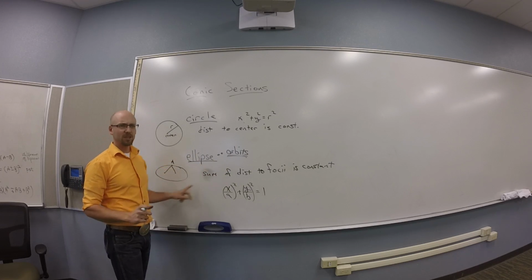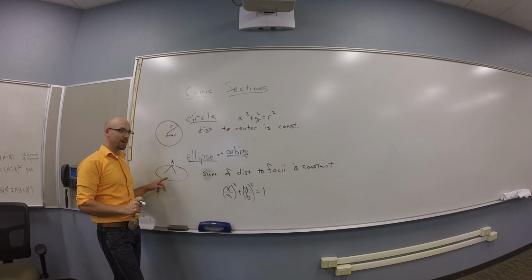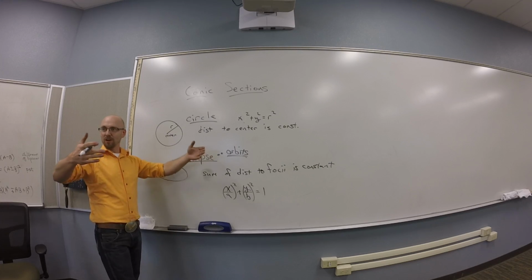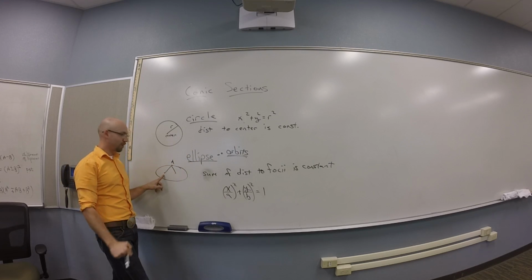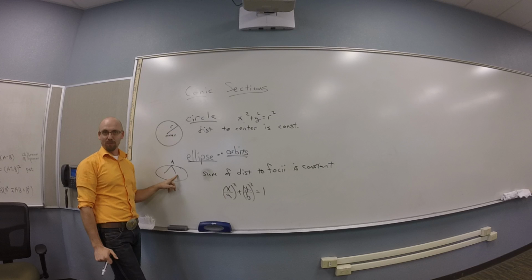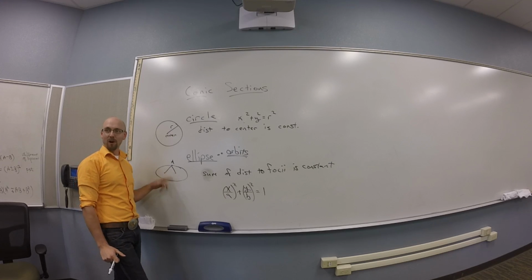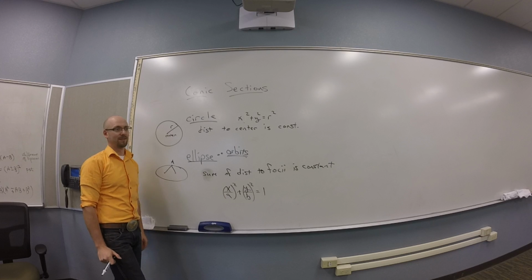Use them for orbits. There's also a kind of a cool thing that you can make, what's called a whisper chamber. You can make an oval or an ellipse-shaped room, and if you stand at one of the foci, you can be heard perfectly at the other focus, but nowhere else in the middle of the room.